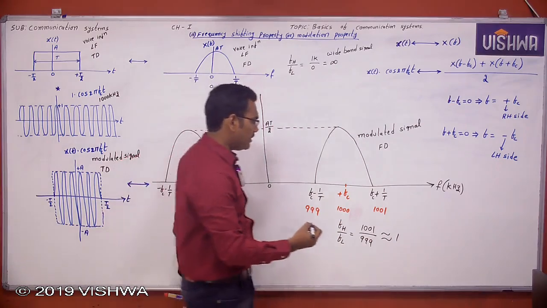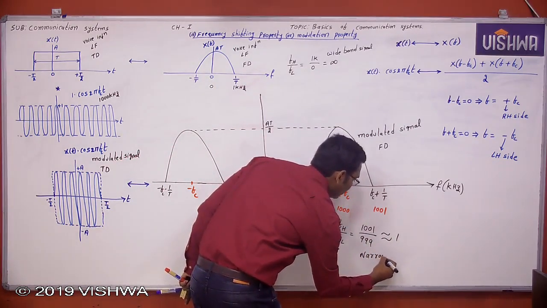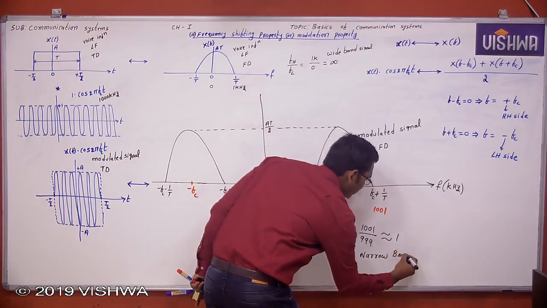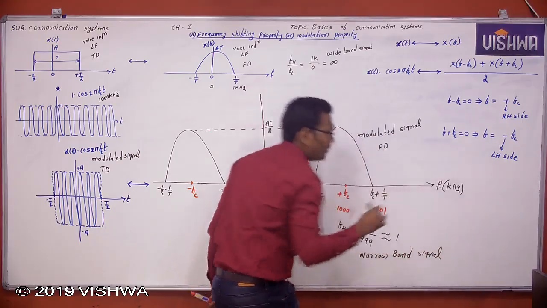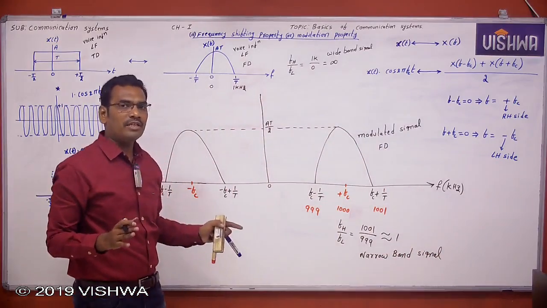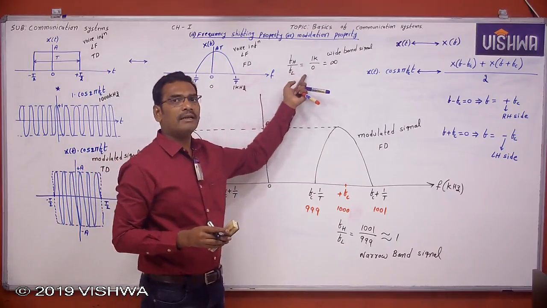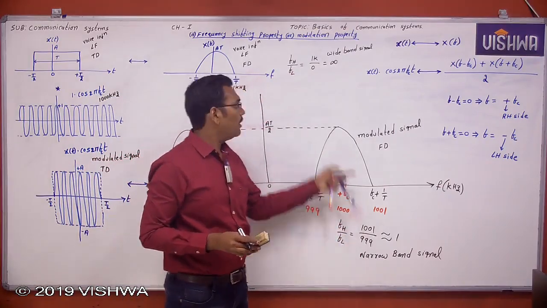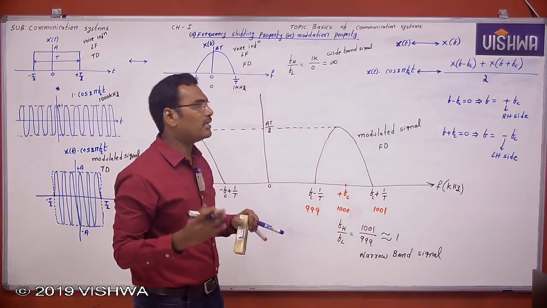What is the meaning of that? This is nothing but a narrow band signal. So modulation is the process of converting a wide band signal into a narrow band signal, a wide band region into a narrow band region. This is another advantage of modulation.